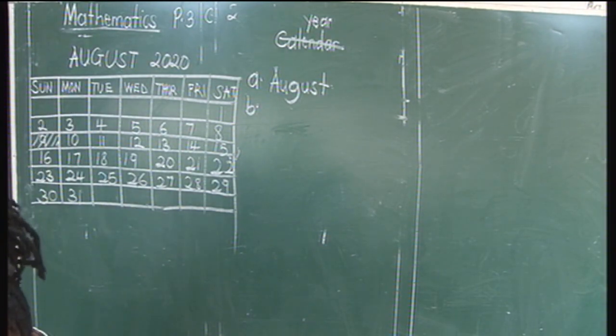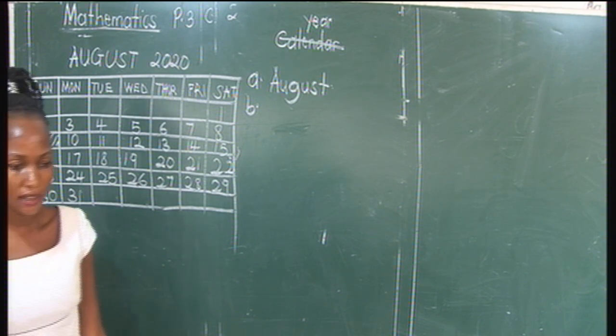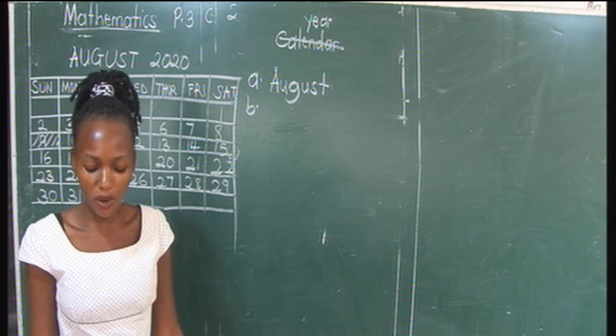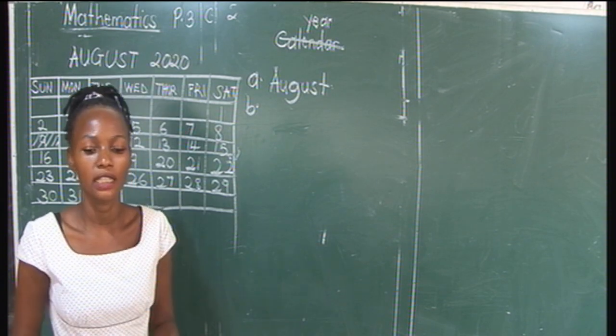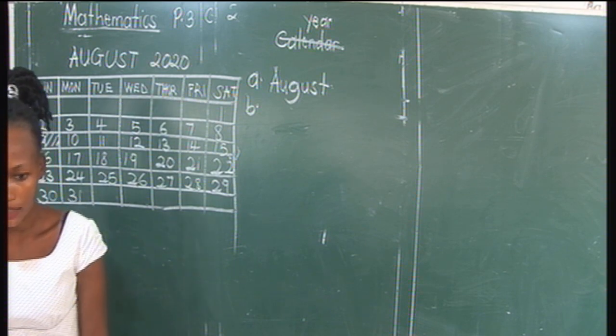Okay. Now, part B, how many Fridays were in the above month? Count the Fridays only. This is a Friday. Count them and tell me how many they are.